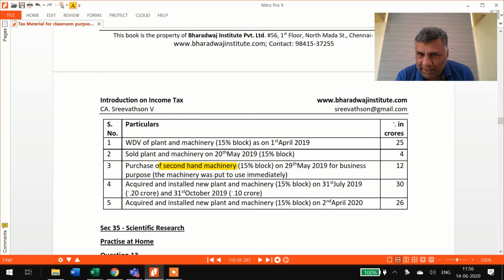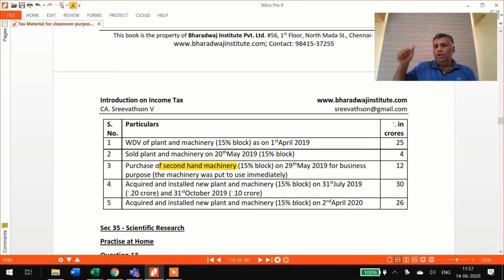For a minute, forget investment allowance. Do normal and additional depreciation in crores. Take 2 digits alone, like 5.12. Not more than that. In crores itself, you can work out.